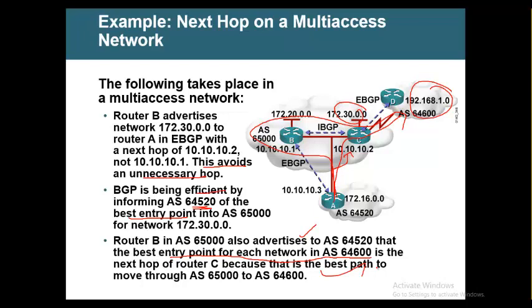Who is giving to B? B is giving it, but originally it is coming from C. B and C are in the same subnet with respect to A. They are in the same subnet.